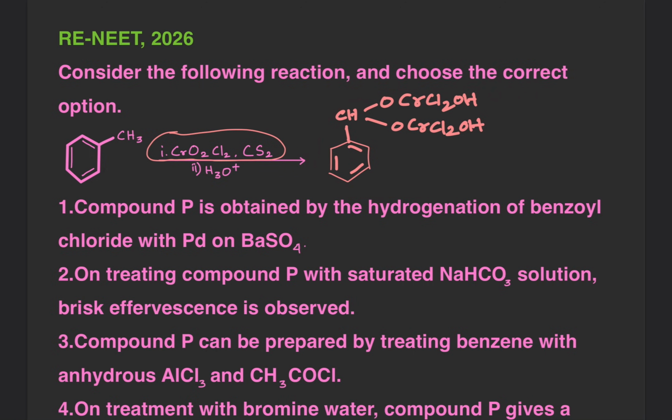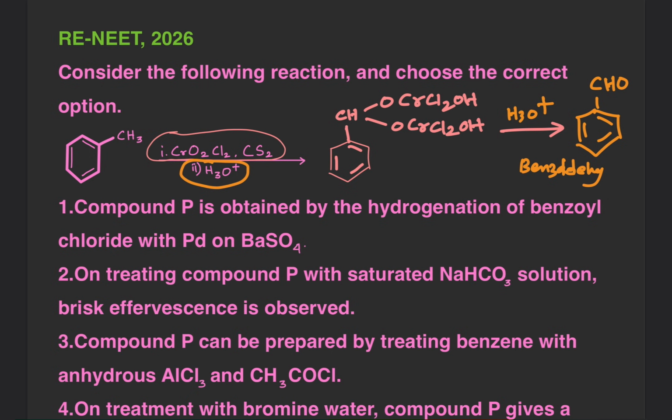When this is subjected to acidic hydrolysis, that is the second condition, H3O+, then we ultimately get benzaldehyde, CHO. Okay, so this is our benzaldehyde. So this is our P.